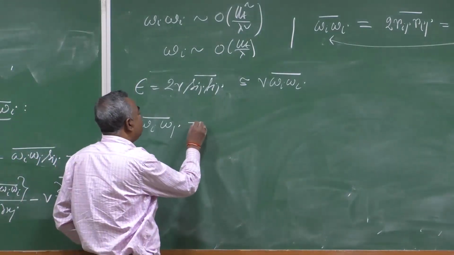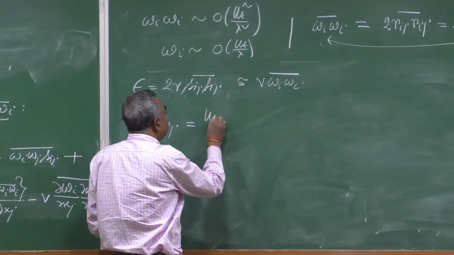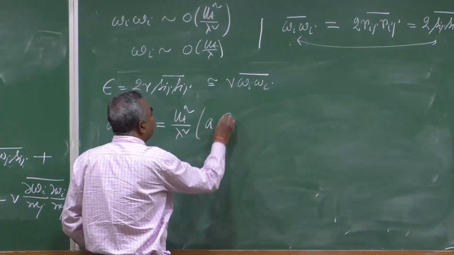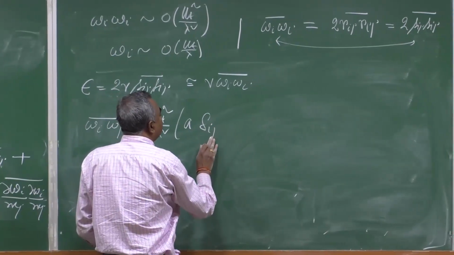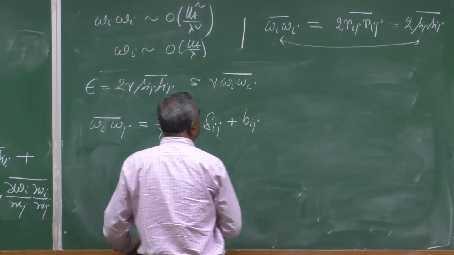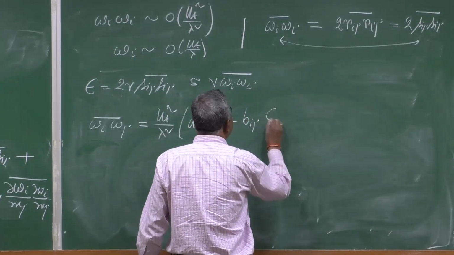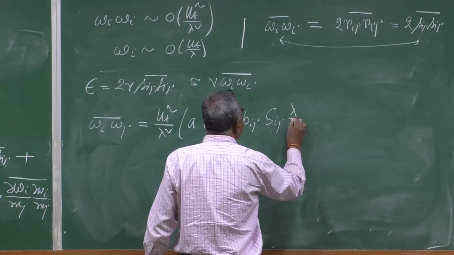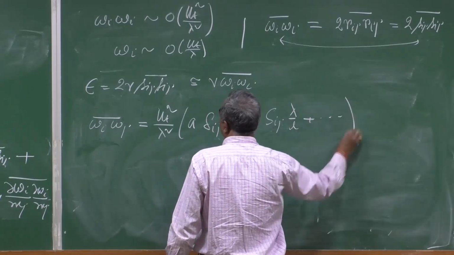So, this then can be written as ut square by lambda square, a delta Ij plus b Ij Sij into lambda by L, plus other terms.